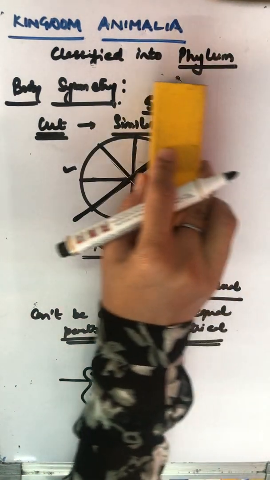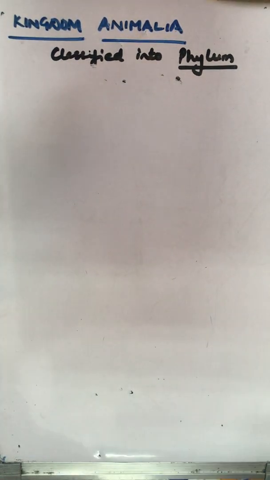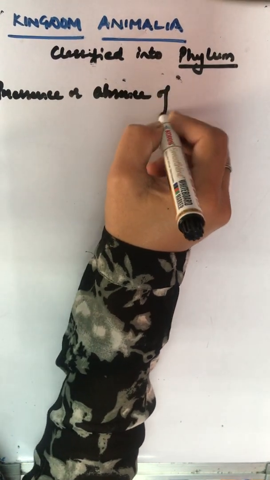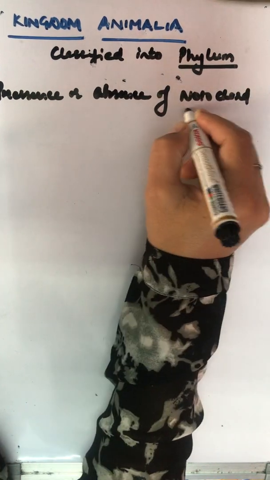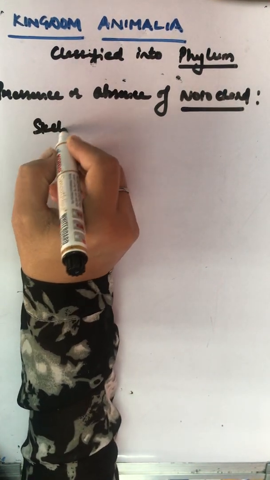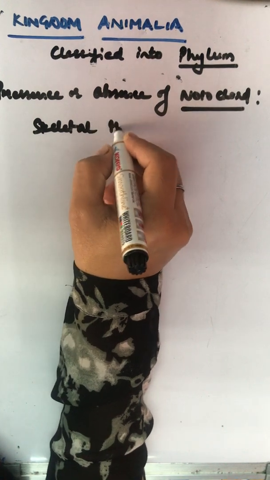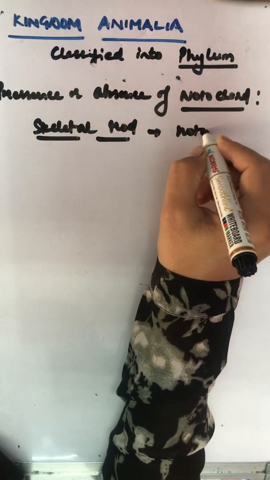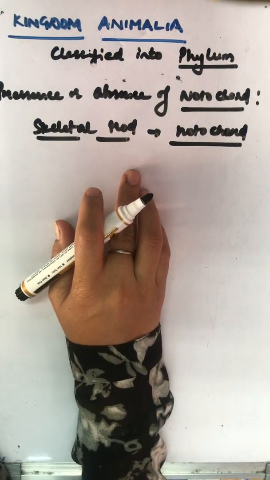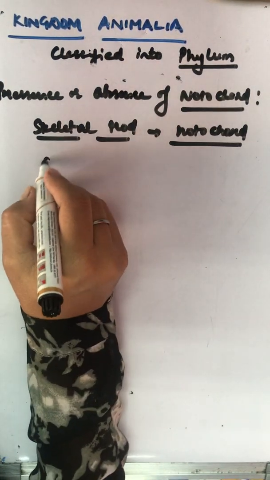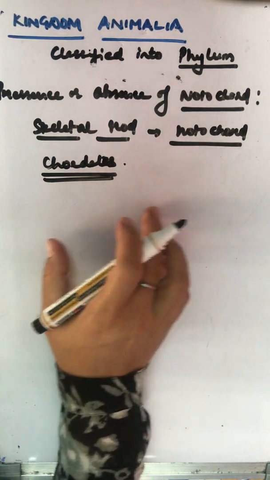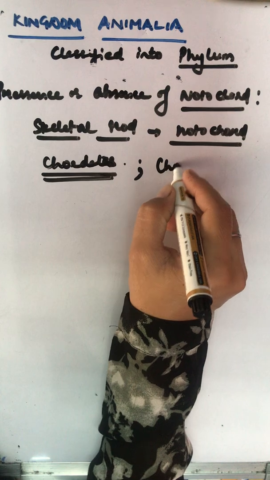Moving to the third point, presence or absence of notochord. Now this is something new for you. Some animals possess a skeletal rod-like structure, and we call it notochord, at some stage of their life. All those animals which possess a notochord are called chordates, which means they belong to phylum Chordata.